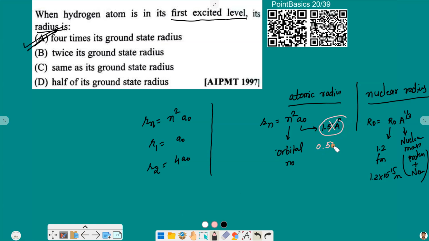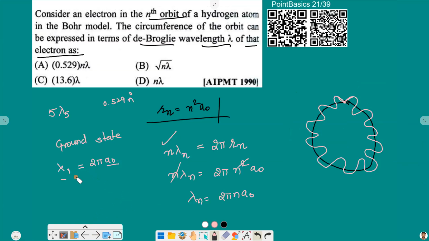So it is 0.529 angstrom, not 1.5 angstrom. So now if I substitute this value here, I will get lambda 1 is equal to 0.529 times 2 pi. And if I substitute it here, I will get lambda n is equal to n times 2 pi into 0.529. So this is the relation which I am getting here.